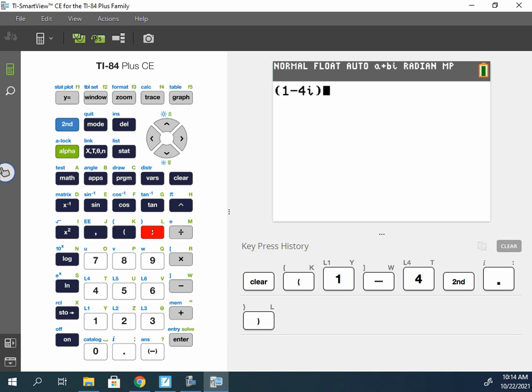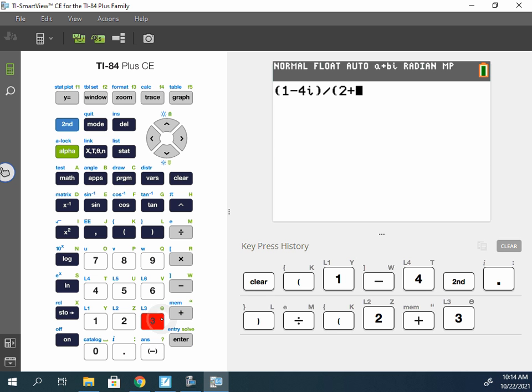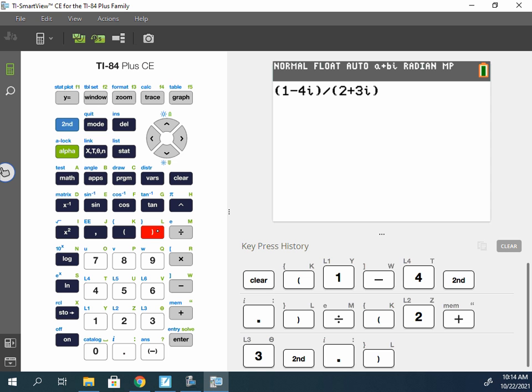Now what operation are we using? Because we're dividing, aren't we? Parentheses 2 plus 3 second i. If we hit enter, okay, so it will give us the answer, yes?